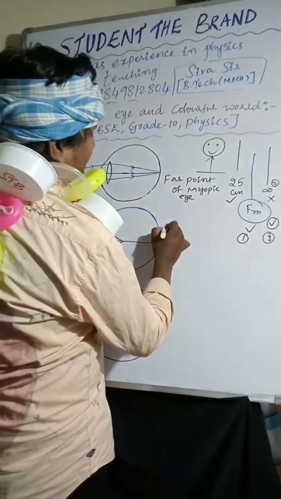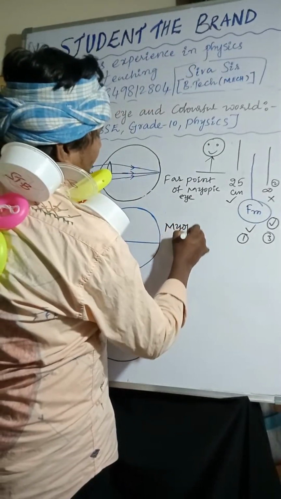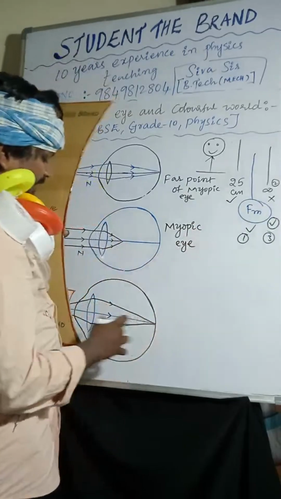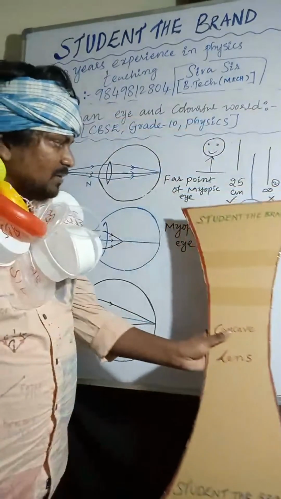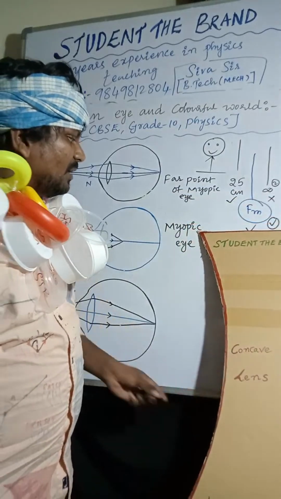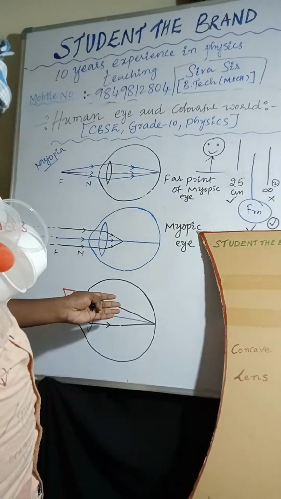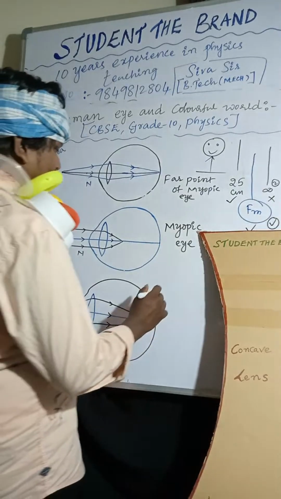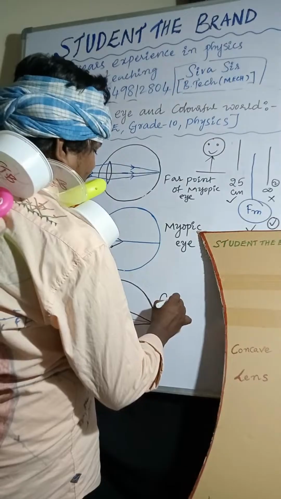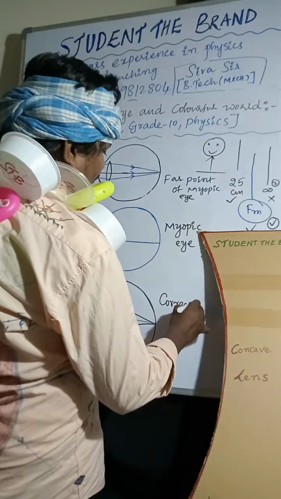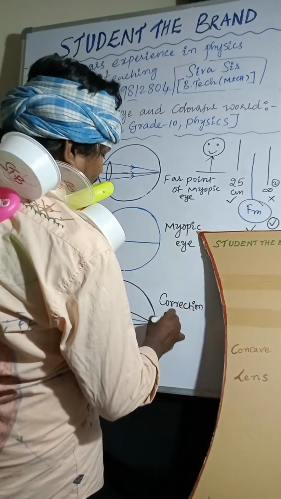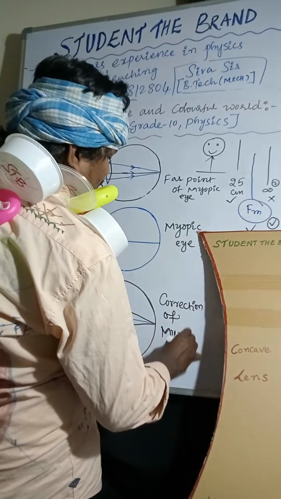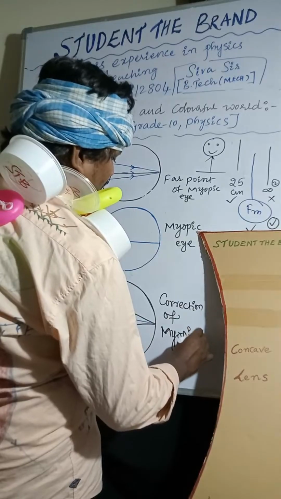This is the myopic eye. And what is this one? This is the correction of myopia.